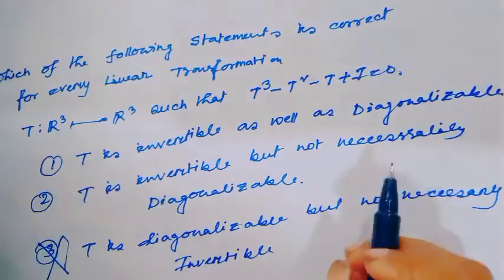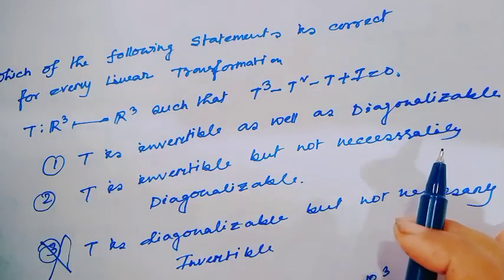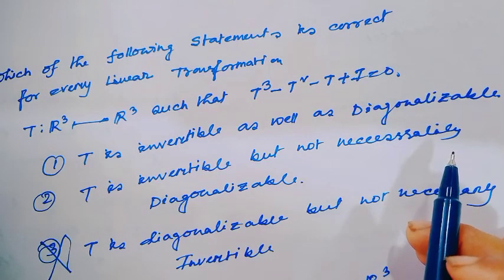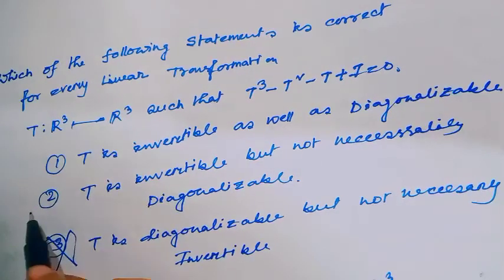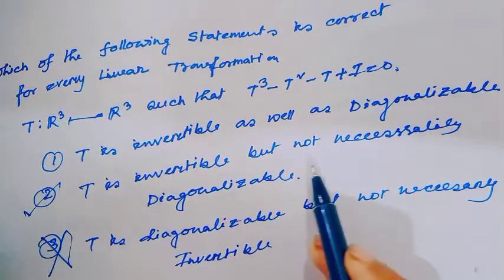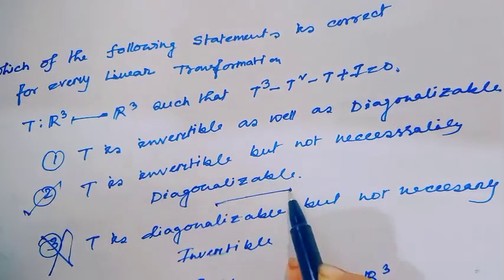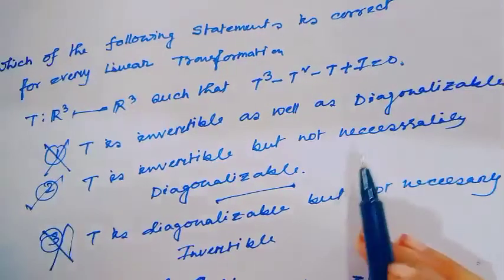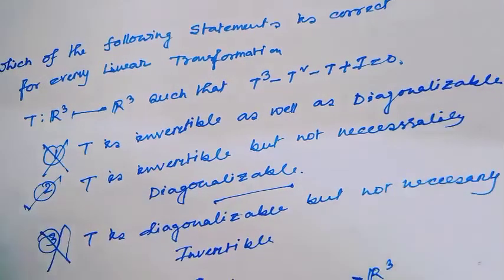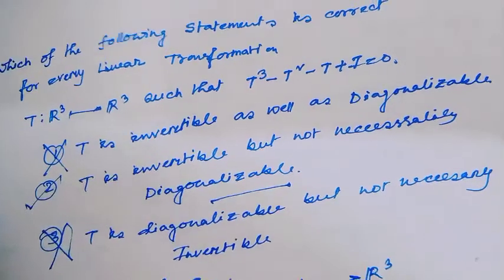That means diagonalizable is not a necessary condition. That means option 2 is the right option. T is invertible but not necessarily diagonalizable, because option 1, T is invertible as well as diagonalizable, is a wrong option. Also option 4 is a wrong option.